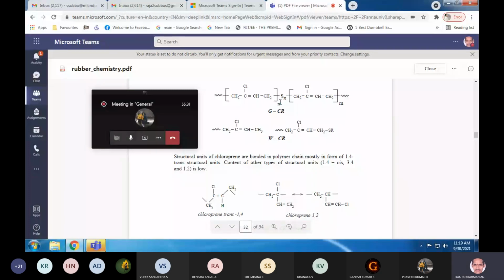So what does it do? Sulfur-sulfur bond energy is much less. The sulfur bond is rather more reactive or more labile in the sense it can undergo cleavage. As a result, one can do the peptizing. Please note, G type is a peptizable grade of chloroprene rubber. W type is non-peptizable.